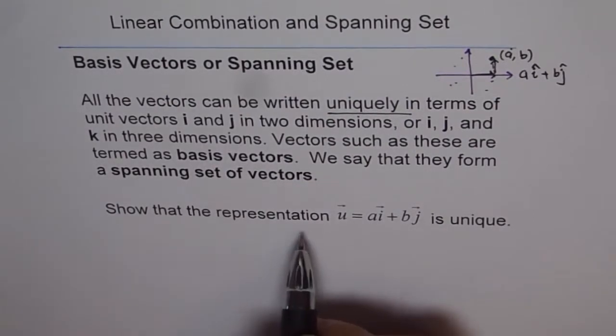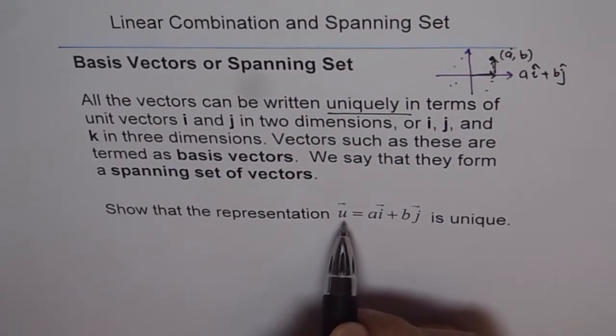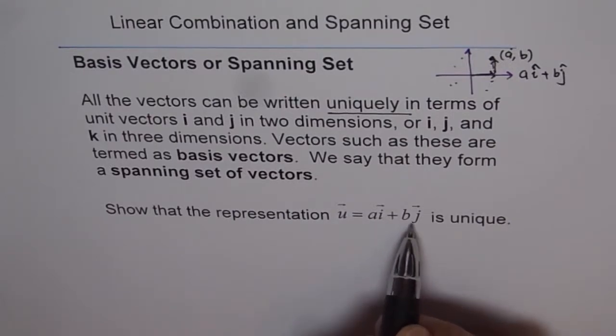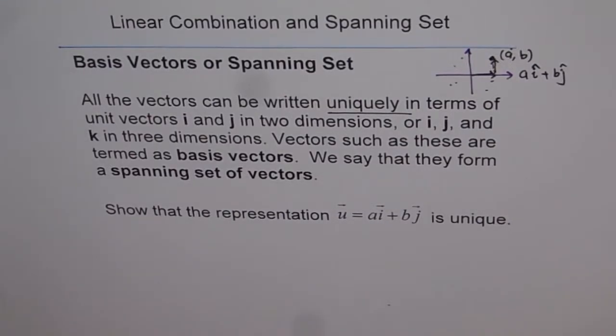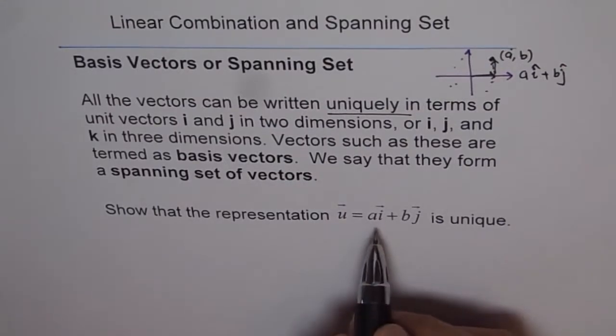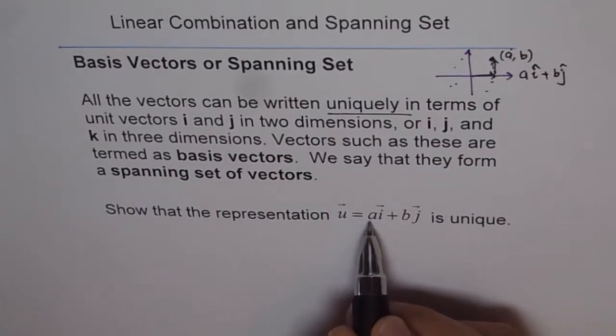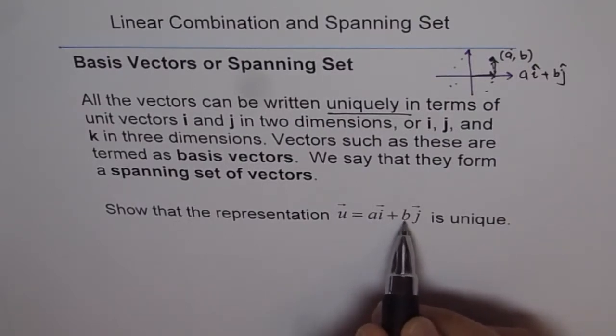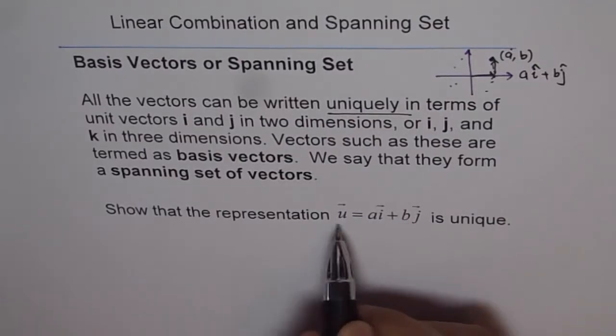Show that the representation of vector u equal to ai plus bj is unique. That is the part of the question which we'll try to understand here, and we'll try to prove it in a different way. We say, well, let it not be unique. In that case, there is a different a and a different b which could be written here to get the vector u.